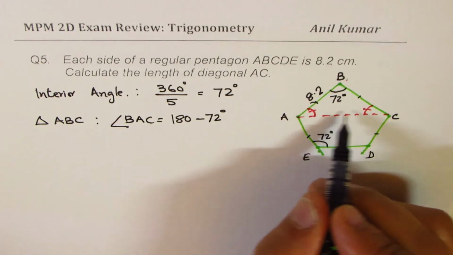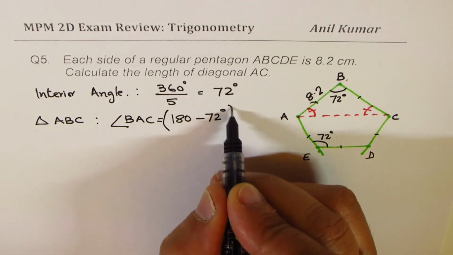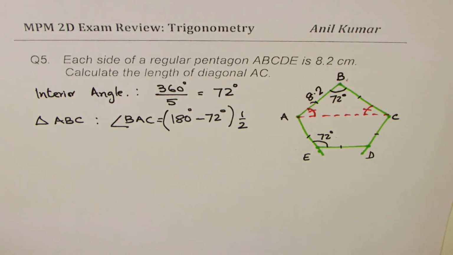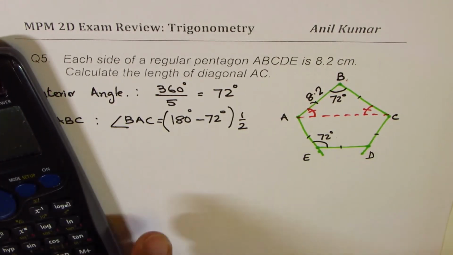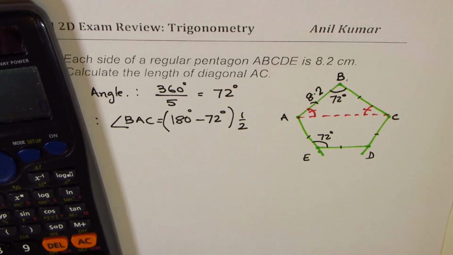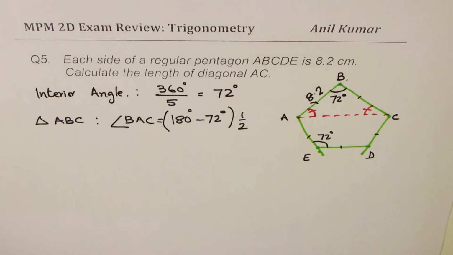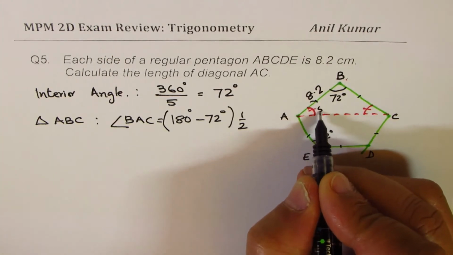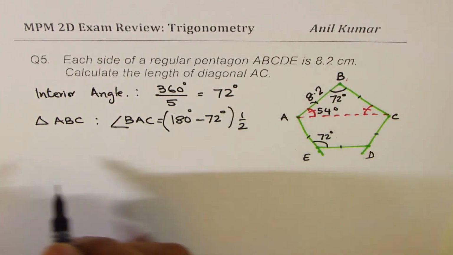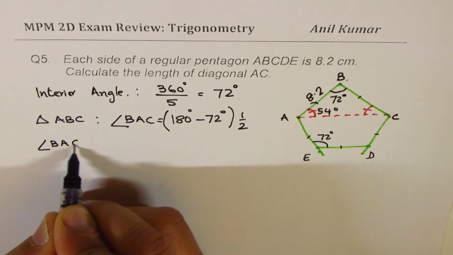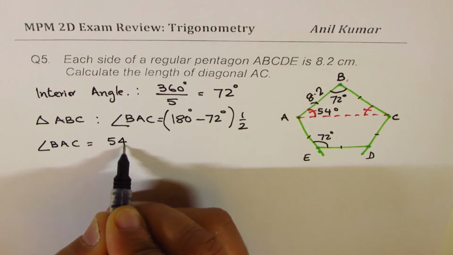Then we get these two angles and it has to be half of this, correct? So that is how you can find the angle. So let's calculate. So we have 180 minus 72 equals 108, divided by 2 is equal to 54. So this angle is 54 degrees, correct? So the angle BAC is equal to 54 degrees.